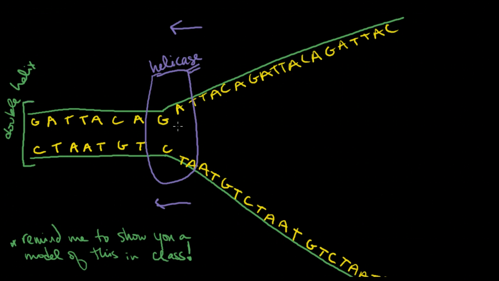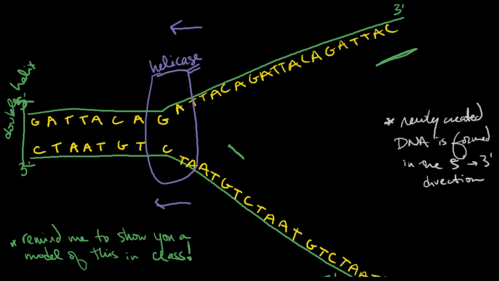But anyways, helicase unzips, and then what ends up happening is we add another enzyme, and I'm going to use a bluish color to represent the DNA polymerase. So DNA polymerase is following behind the helicase, and what it's doing is adding nucleotides to complement the ones on the single strand.